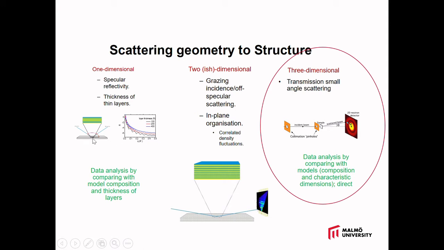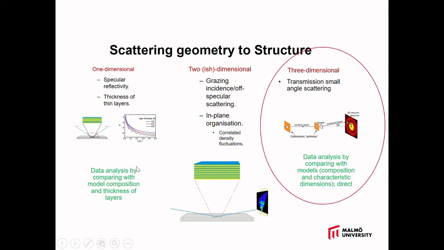What we're probing here is the composition in a direction normal to the surface, so the depth profile. And what we have here is different thickness layers, and you can see that as the thickness of the layer increases, the fringes get closer together. And to a first good approximation, the period of those fringes is a good indication of the layer thickness for simple layers.